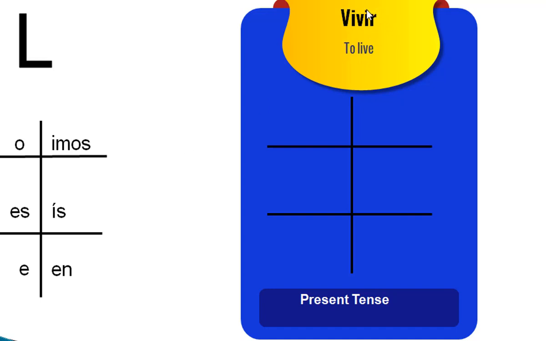The rule remains the same. We'll remove the IR ending and add these endings to the verb to form each of the respective forms. So yo becomes vivo, I live. Tú, you live, vives.